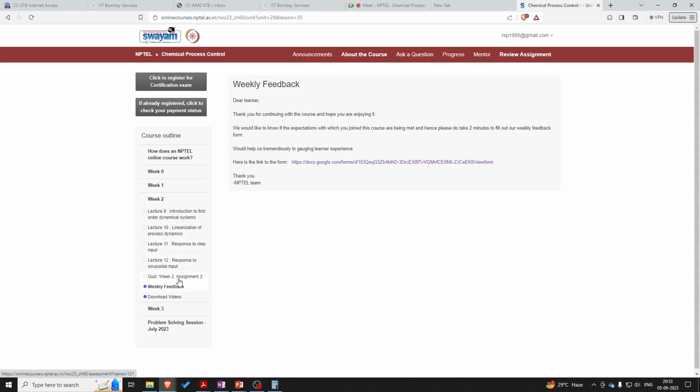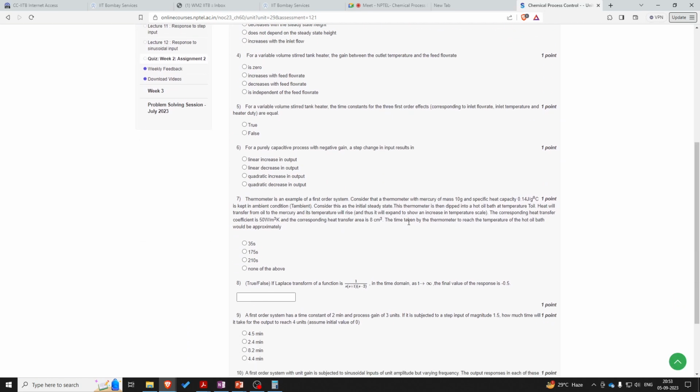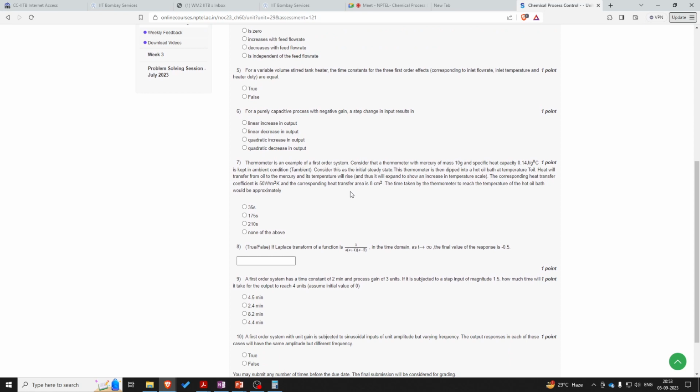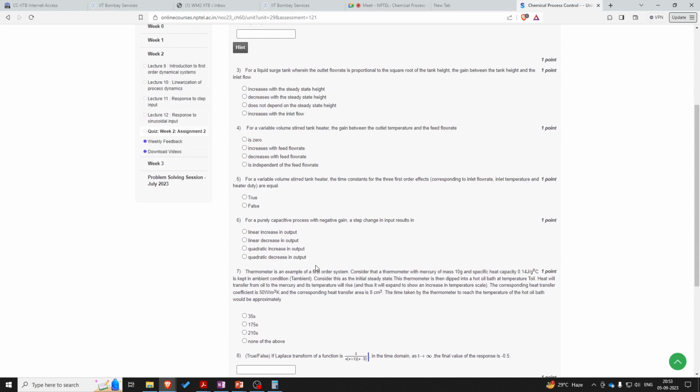So this was the assignment related to week 2, that is mostly theoretical. Then there are a few questions related to the thermometer. This similar example I think we discussed in the class. Then these correspond to the final value problem, and again these are very similar to the questions that we discussed in the class.